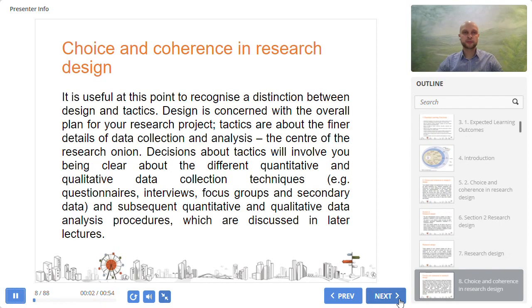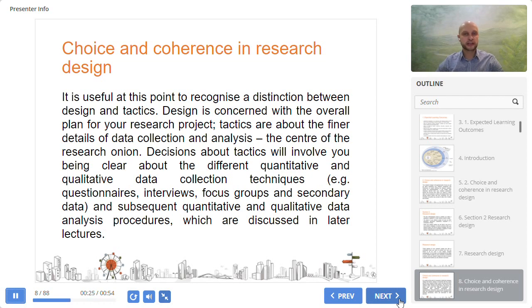Now it's time to look at choice and coherence in research design. It is useful at this point to recognize a distinction between design and tactics. Design is concerned with the overall plan for your research project. Tactics are about the finer details of data collection and analysis, the center of the research onion.